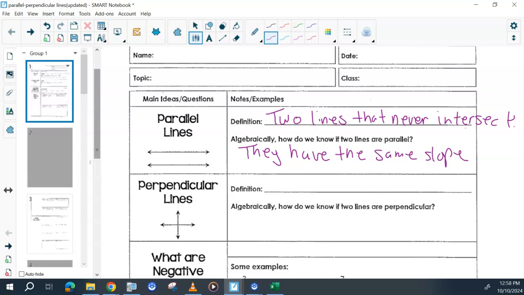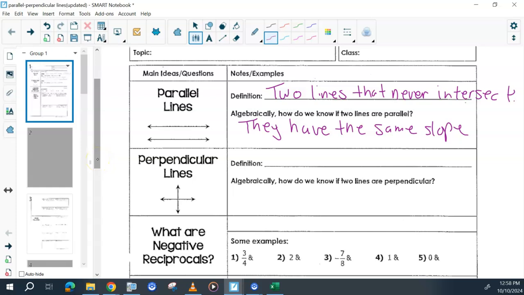Do you remember anything about perpendicular lines? They do cross, yes. And more like they make a T rather than an X. It's 2 lines that cross at a 90-degree angle, or that intersect.